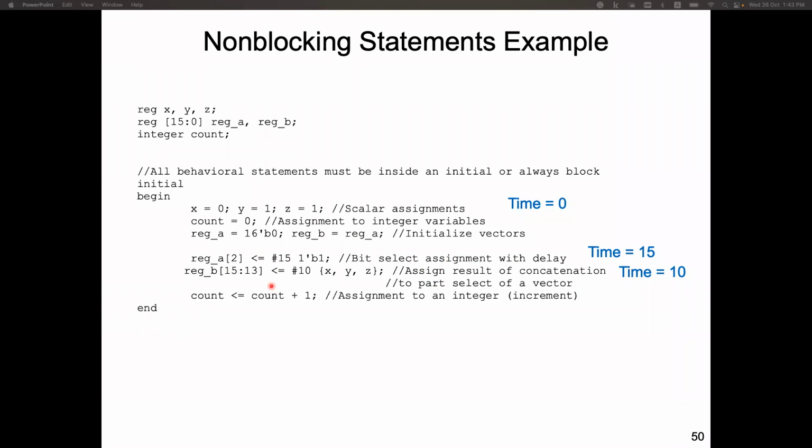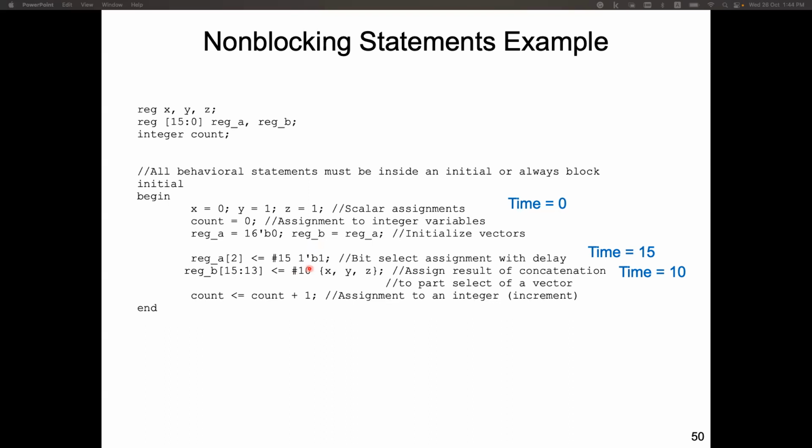So the simulator schedules a non-blocking assignment to execute at a certain time, and then it continues. The simulator continues to the next statement in a block without waiting for the execution of that non-blocking statement.